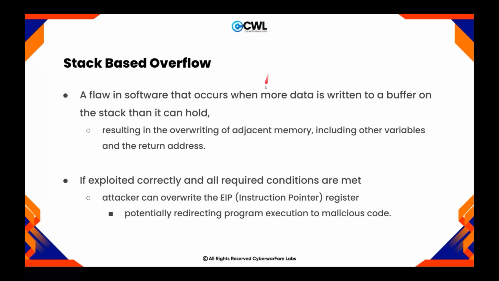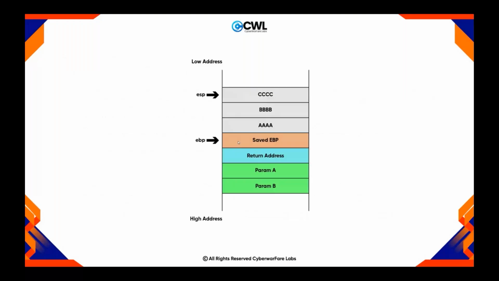By adjacent memory region I mean there could be other important information like the variables in that particular function, or the return address which we saw here, the saved EBP, or the parameter itself. Everything adjacent to that particular space will be overwritten.